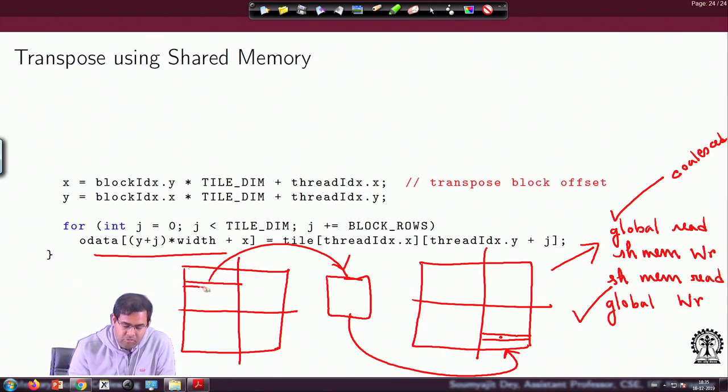When I read from the global memory, the warps are accessing consecutive locations in a row-wise, nicely coalesced fashion. So these are all coalesced, and the way I achieve this is that I don't write the data in such a way that I load here and then when I write I get a conflict.